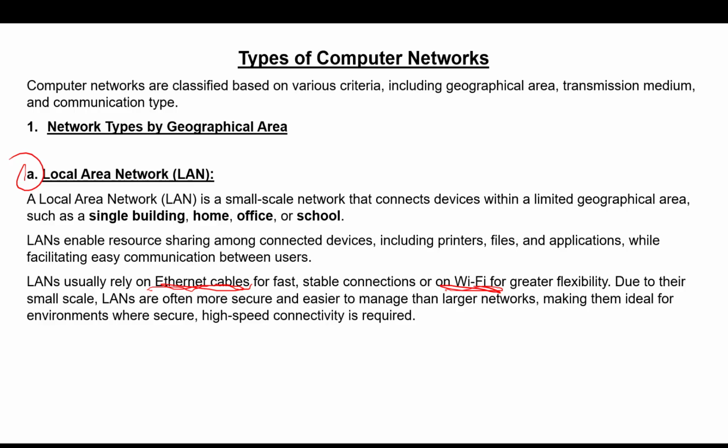So local area network means a connection we will create for just a certain location. We don't go beyond that. For school, for office, for hostel, and any big building. So now that connection is for people to be able to communicate. Just like we'll give an example. You build your house for your family.